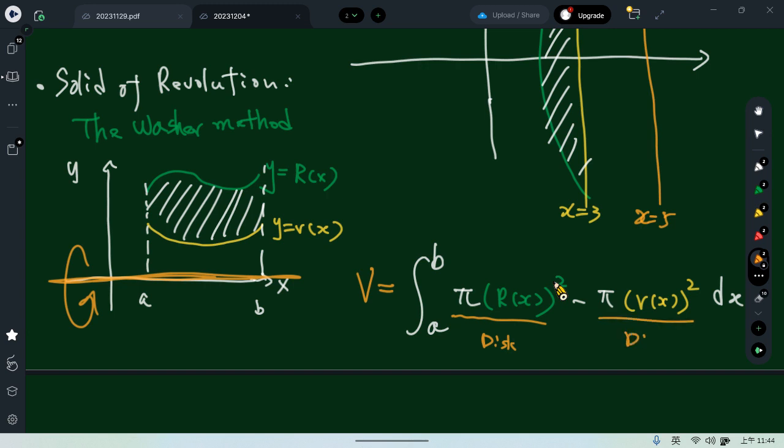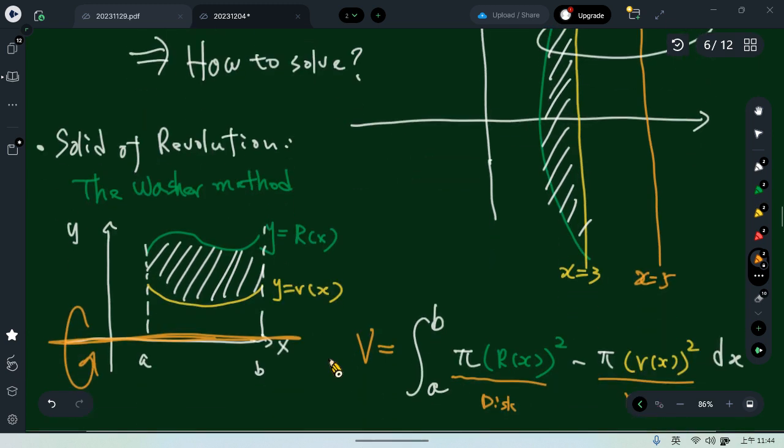This is also this method twice, right? You can just use the R(x) to have this method for the first time, minus this part. This is how we apply this method again, and we can get the whole volume.